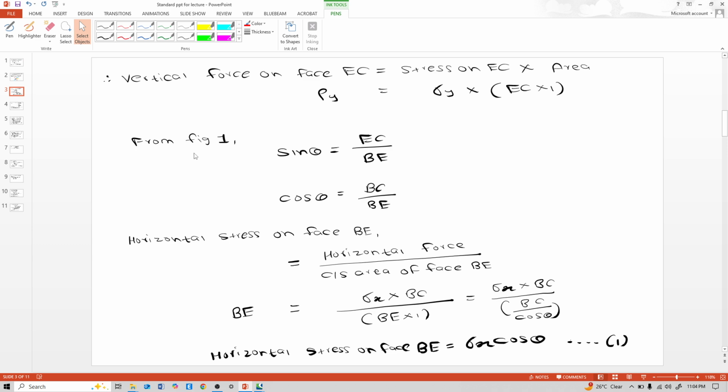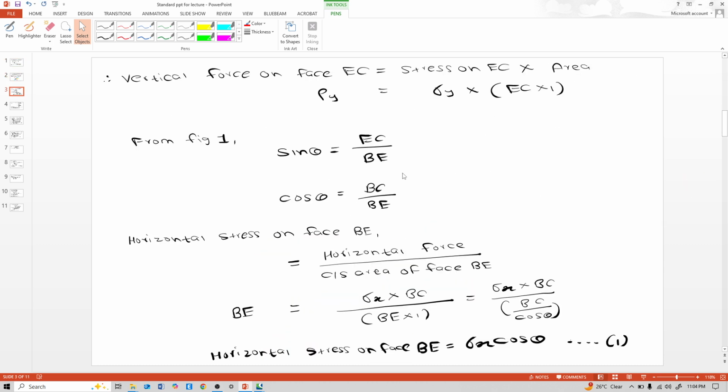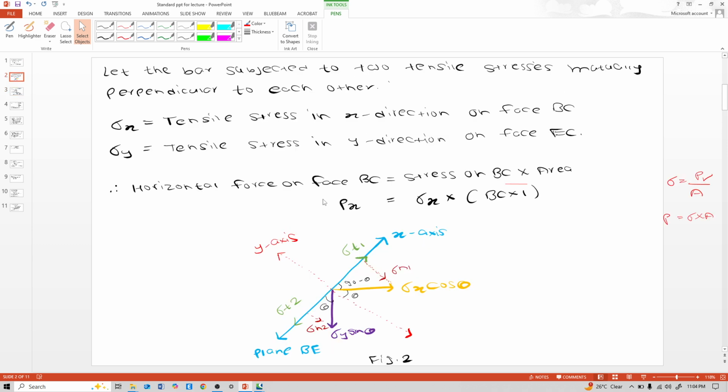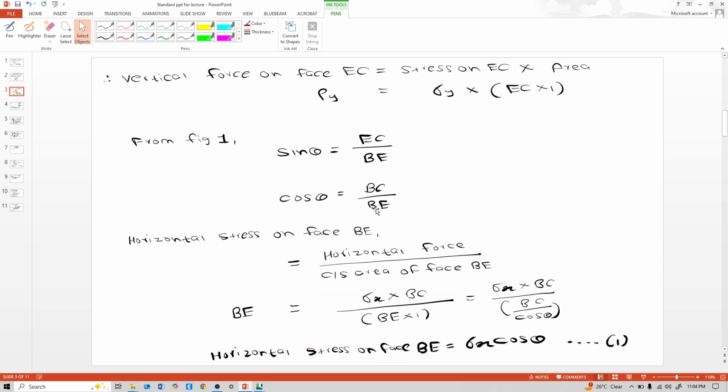From figure 1, sin theta is equal to EC upon BE: sin theta is opposite side upon hypotenuse, the opposite side is EC and the hypotenuse is EB. And cos theta is adjacent side upon hypotenuse. Adjacent side is BC and hypotenuse is EB, so cos theta is BC upon EB.